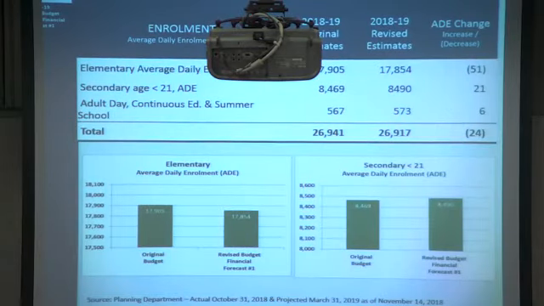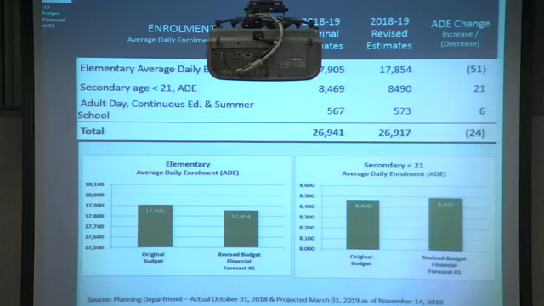The data in this slide shows the change in the annual forecasted average daily enrollment that was discussed earlier versus what was projected in the spring for original budget purposes. As noted on the slide, the updated enrollment is based on the data extracted by the planning department as of November 14th, 2018.